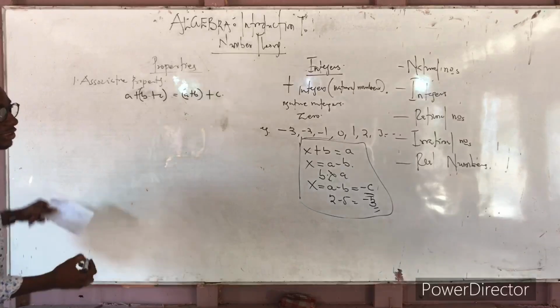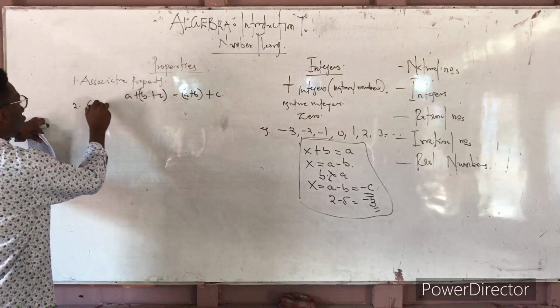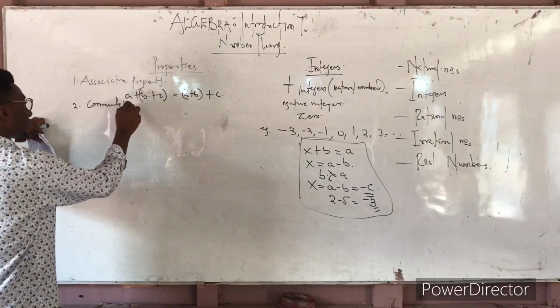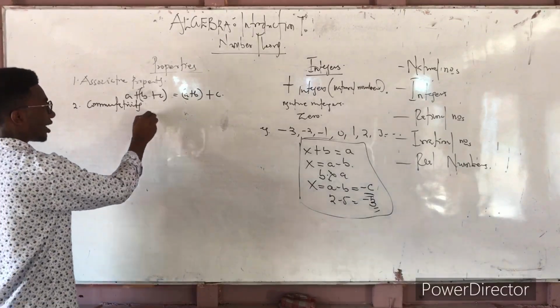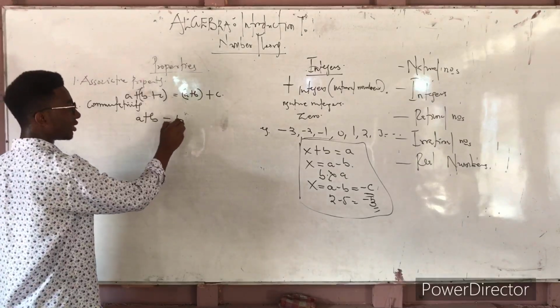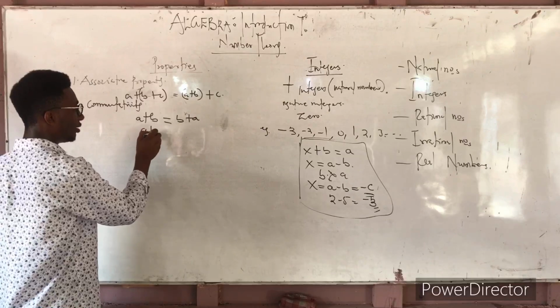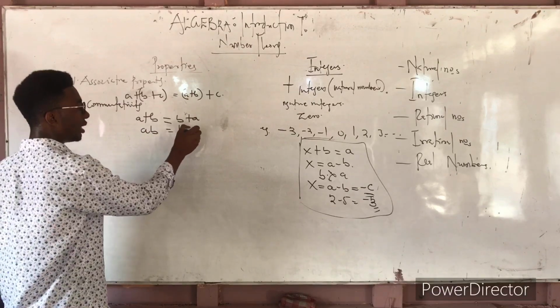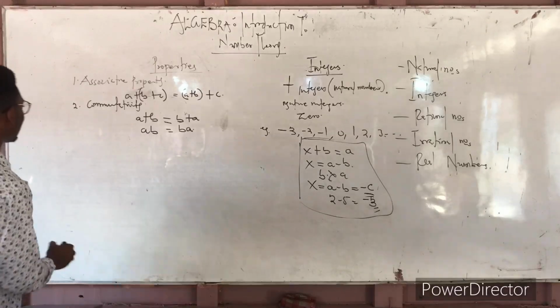So this is the associative property. It also works for commutativity, and commutativity is very simple. If you have a plus b, it should be the same as b plus a. Same way, if you have ab, it should be the same as ba. That is the multiplication aspect of it.